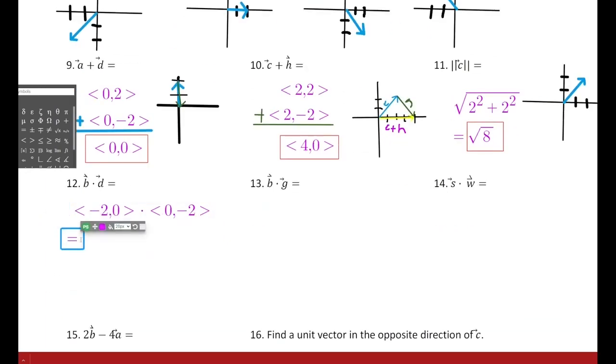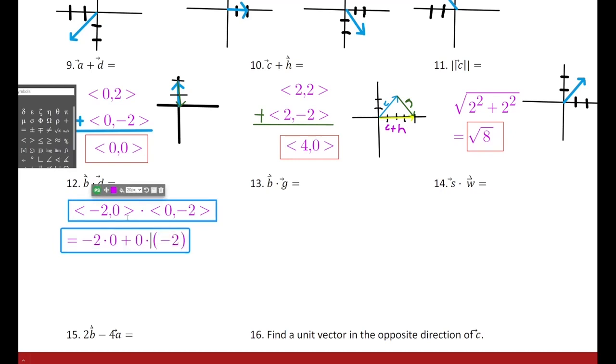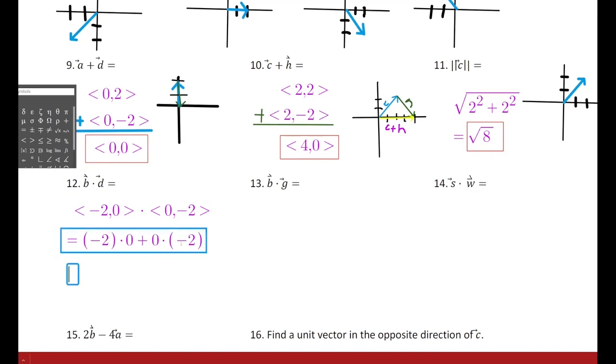So -2 times 0, plus the product of the vertical components, so 0 times -2. I'm just going to throw the -2 in parentheses to emphasize that this is not a subtraction. So -2 times 0 is 0, and 0 times -2 is also 0. So 0 plus 0 is 0.